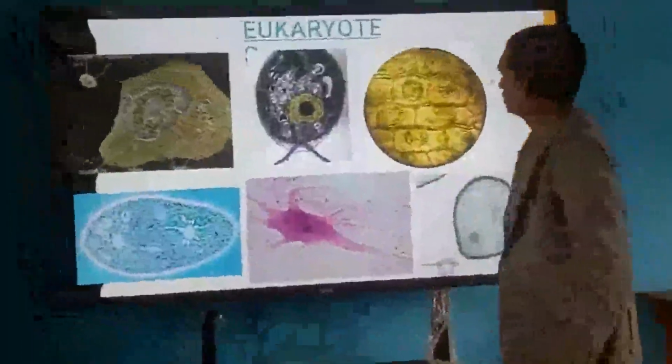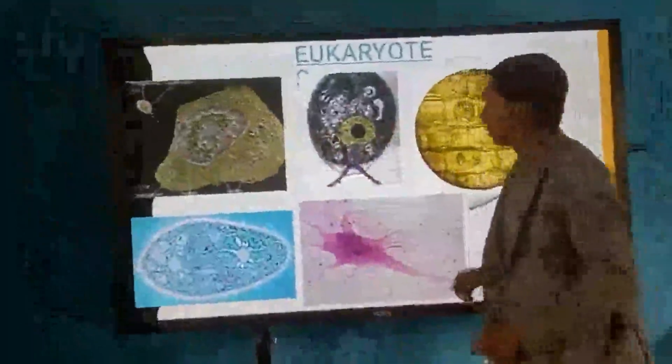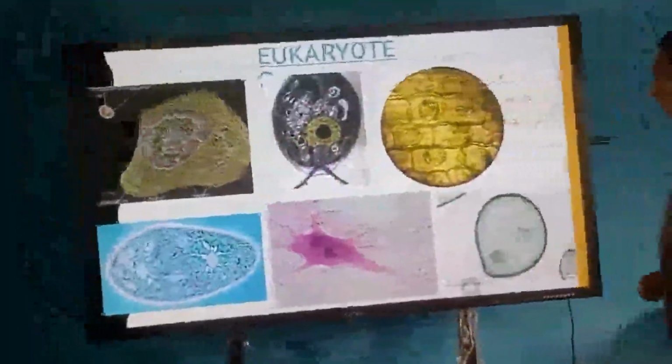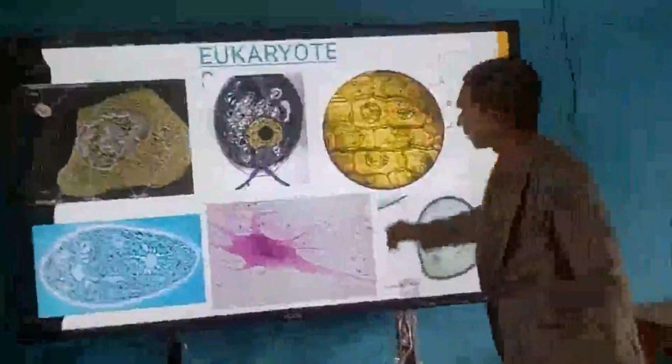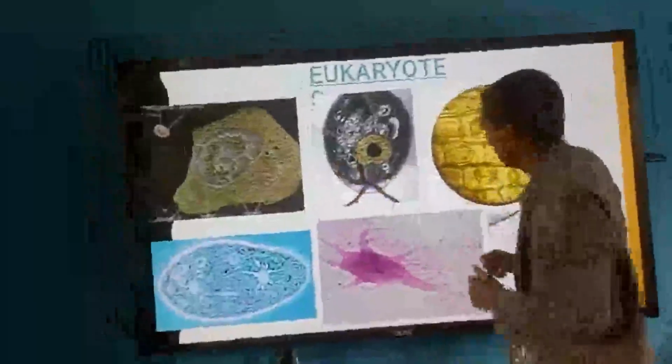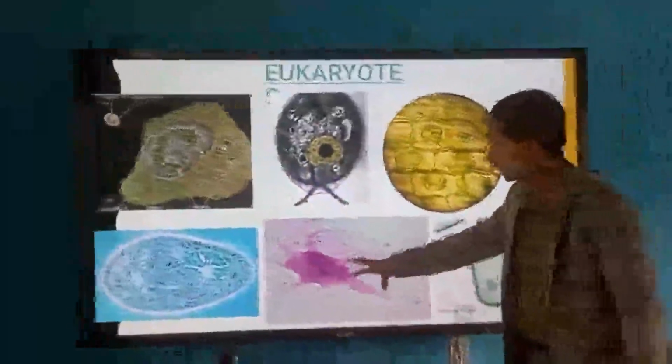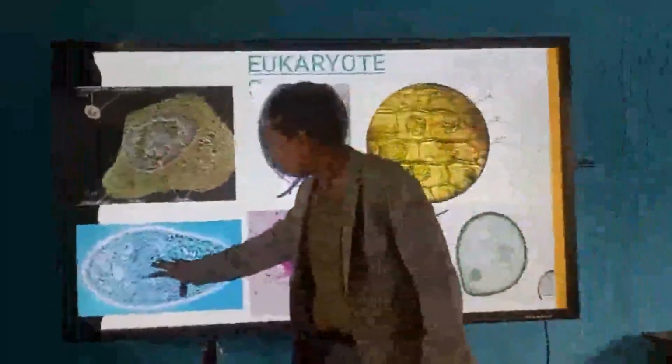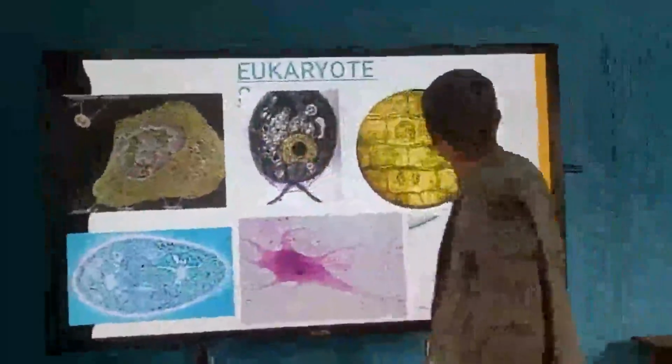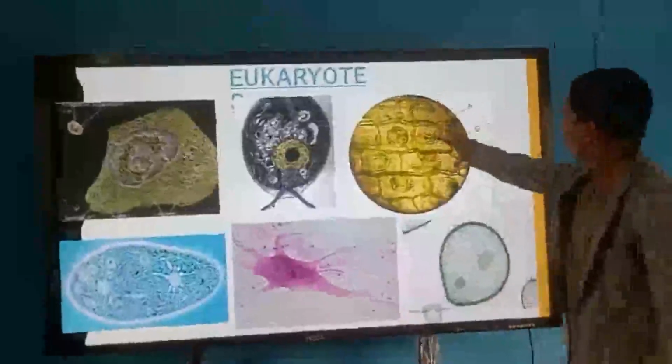So you can see these are some examples of eukaryotic cells. This is an animal cell. This is a nerve cell. This figure shows a paramecium cell. And this is a plant cell.